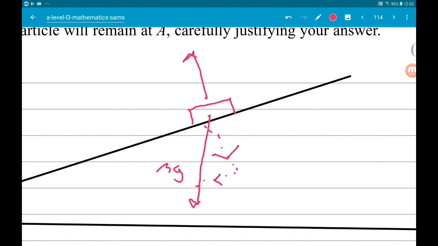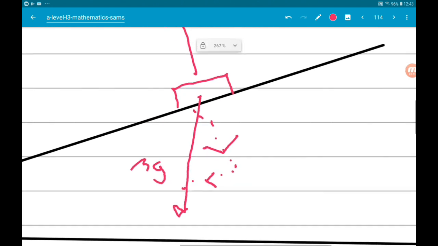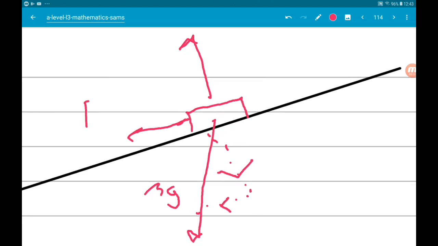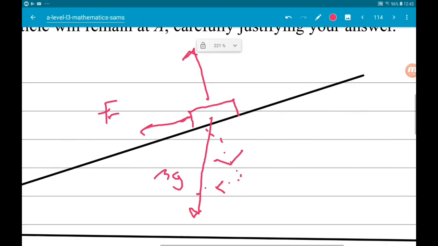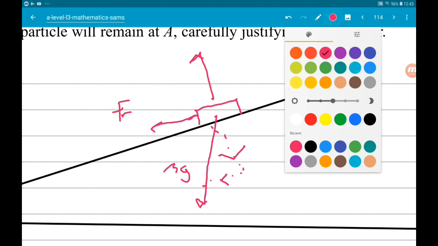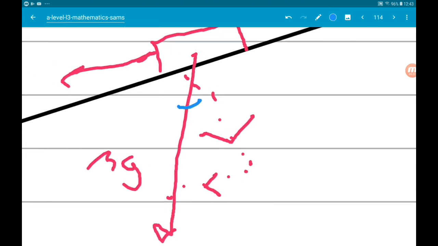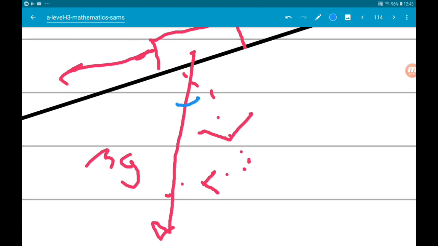We also know the particle is moving up the slope, and working against us is going to be friction. So what we know then is this angle here is also going to be alpha.